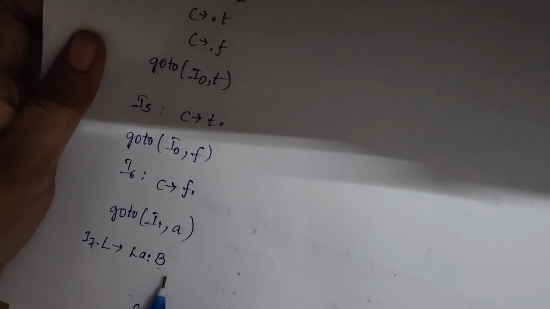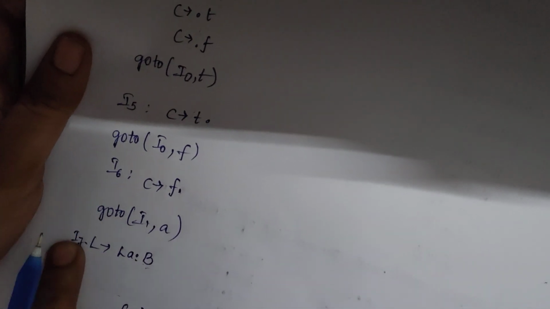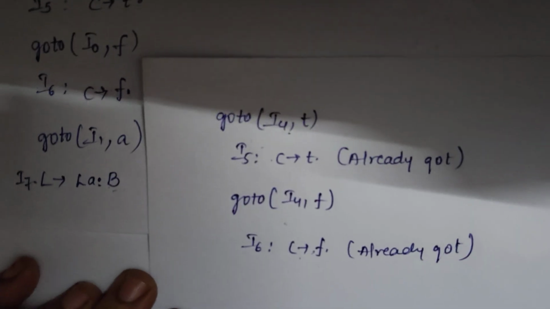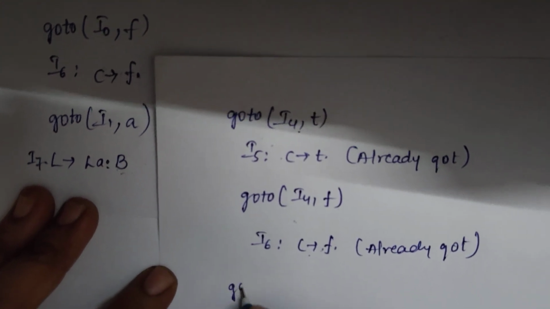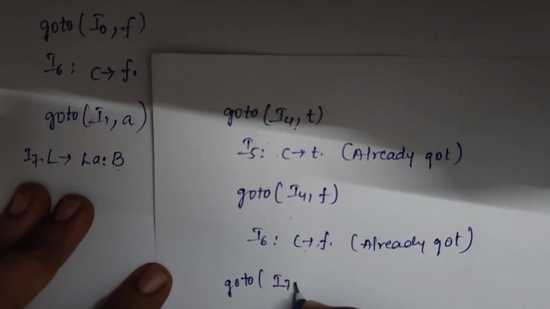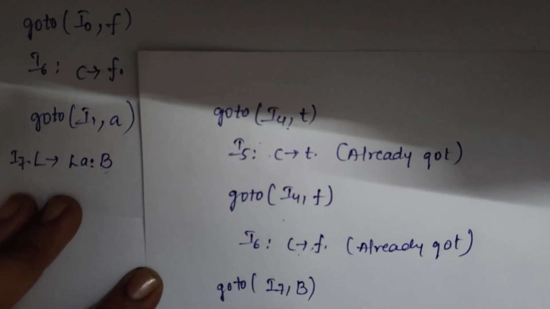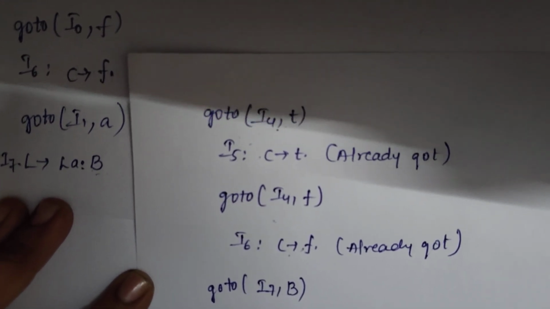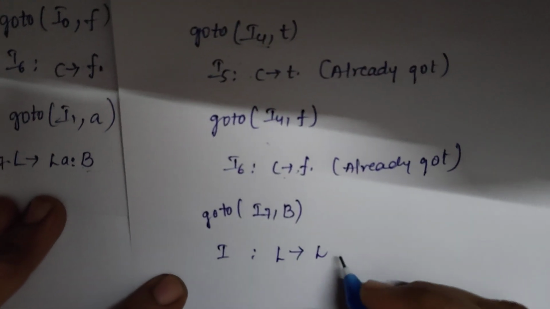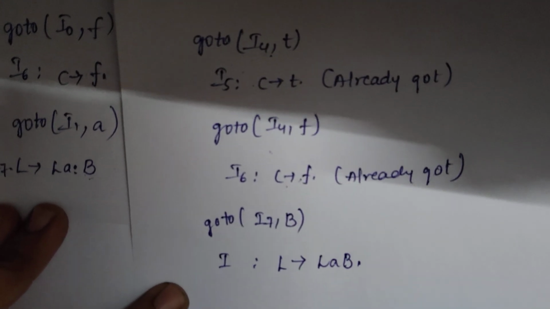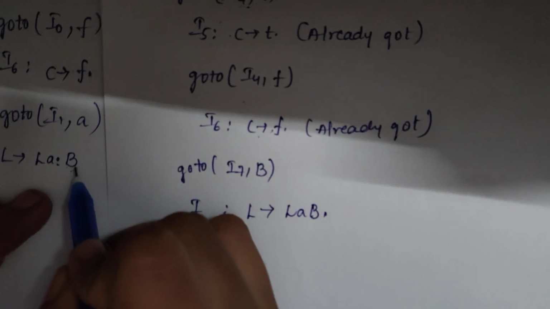The dot is for B, right? So go to I7 comma B. This dot will be shifted here. So L produces L A B. So the dot follows B, right?